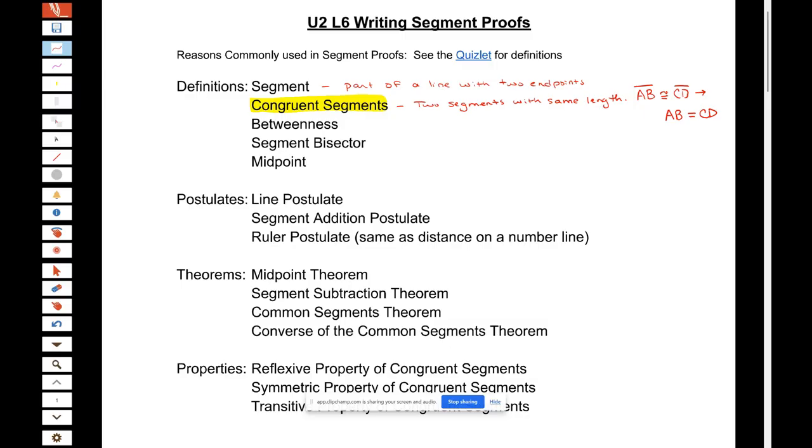I know that seems really weird because it seems like congruent and equality are the same thing, but they are not. For segments, they are. For angles, they are. But when we get to more complex figures like triangles and rectangles, it's possible for two rectangles to have the same area. So they have a measure that's equal, but yet those two rectangles are not congruent.